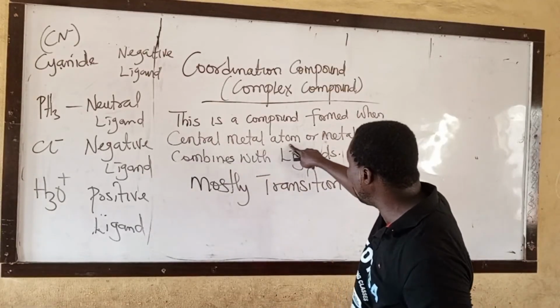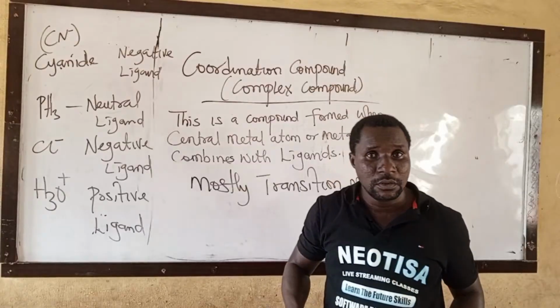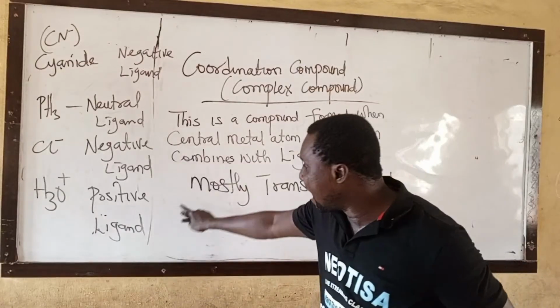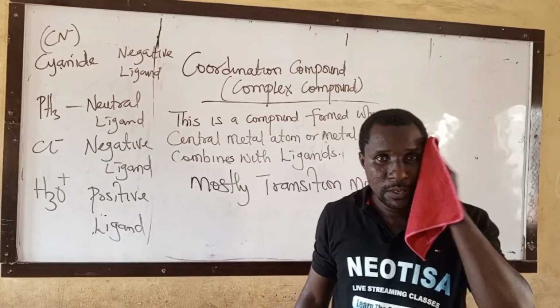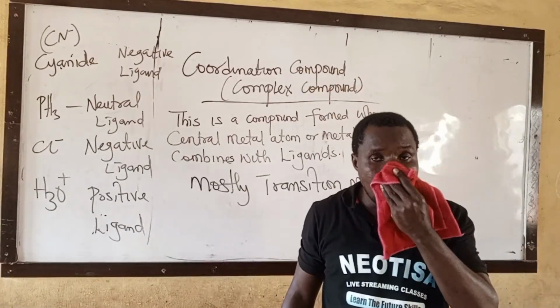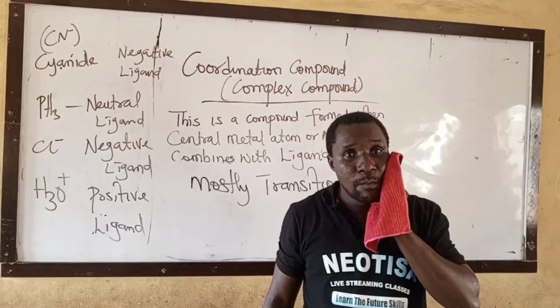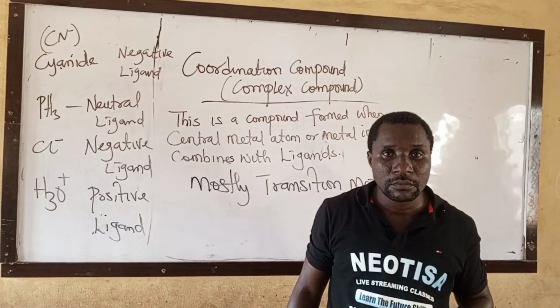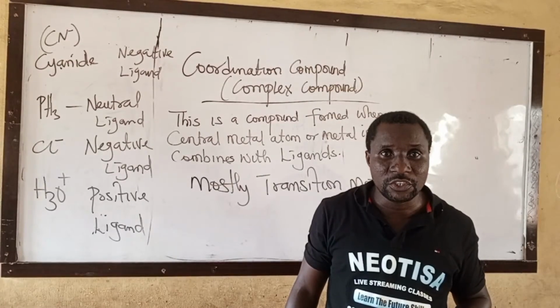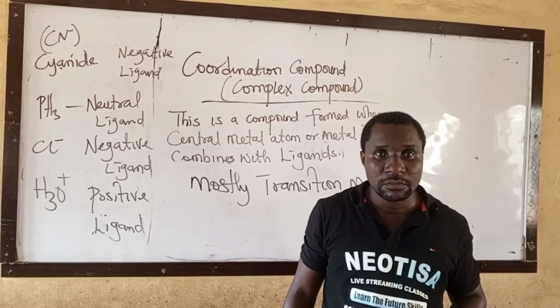The central metal atom or metal ion in a coordination compound is mostly a transition metal.